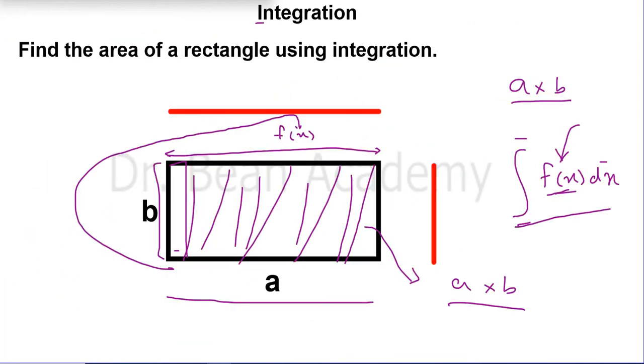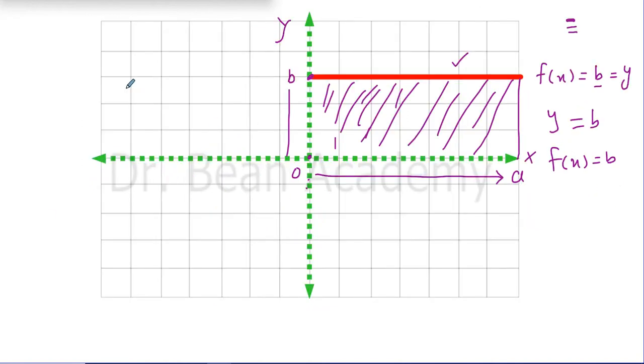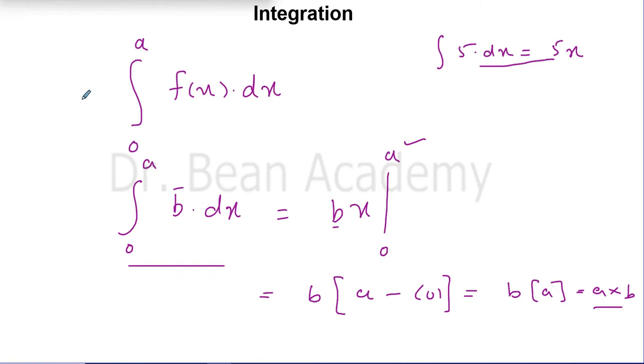That is why I was able to find the equation of that line myself. But if the curve is like this, it's not easy for me to find the equation of this function unless it is given.